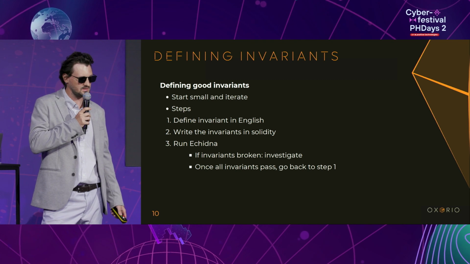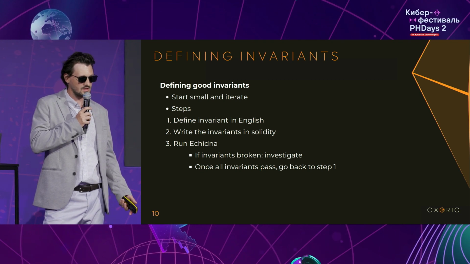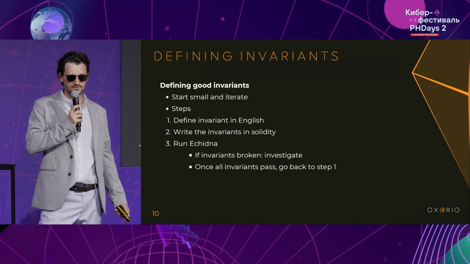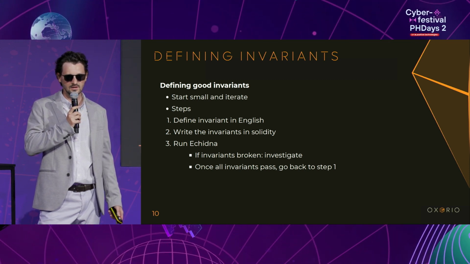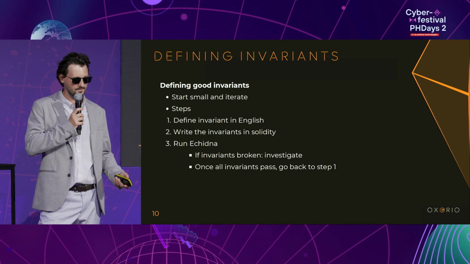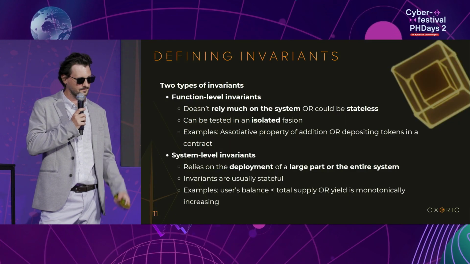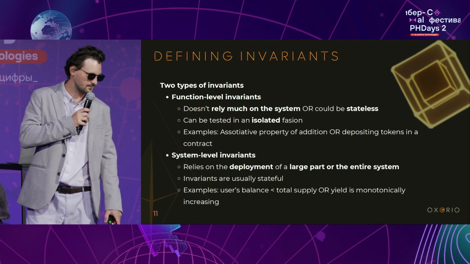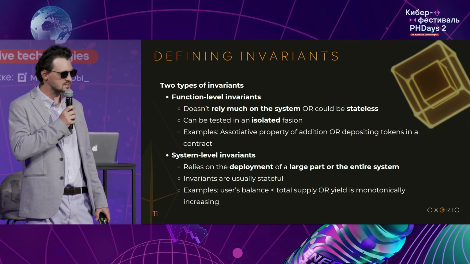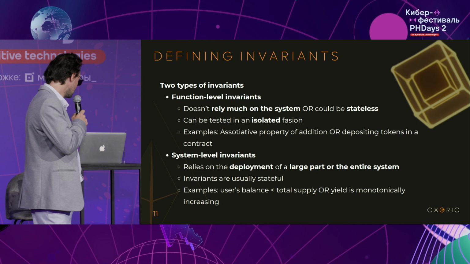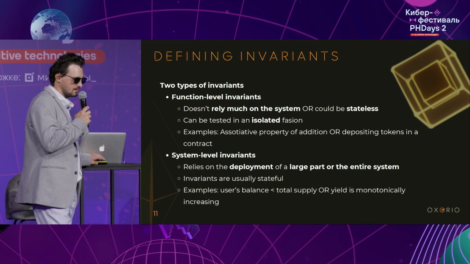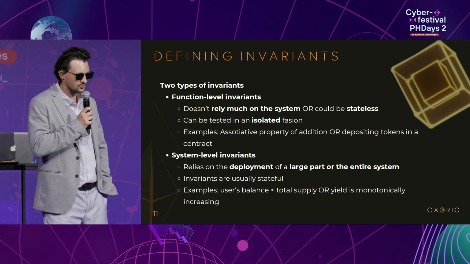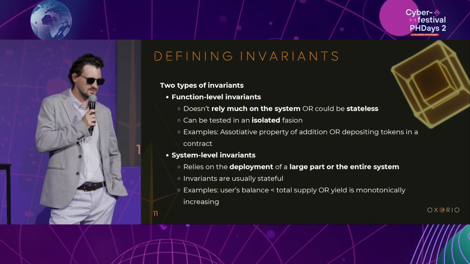Then we describe this invariant in the Solidity language, and we launch Echidna to verify whether the invariant is violated if some of the functions of the contract are changed. There are two types of invariants, the ones identified on the function level and on the system level. They differ in complexity.